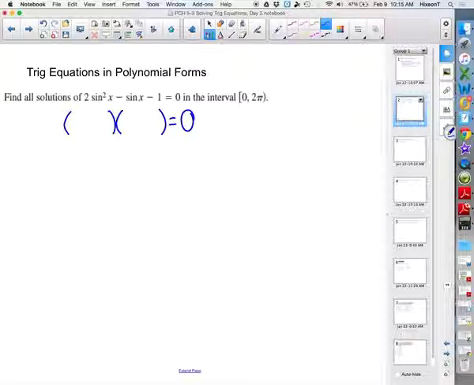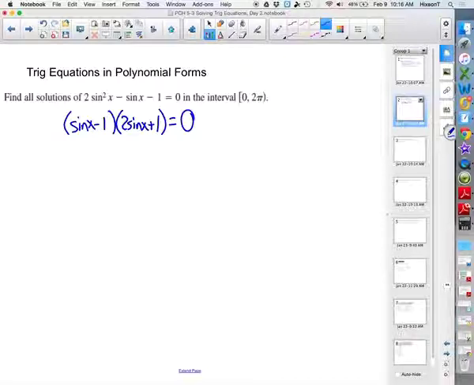So how would we factor 2 sine squared minus sine minus 1? Sine minus 1 and 2 sine plus 1. Do you guys agree with that? If you're not sure, remember you can test the outers and the inners.